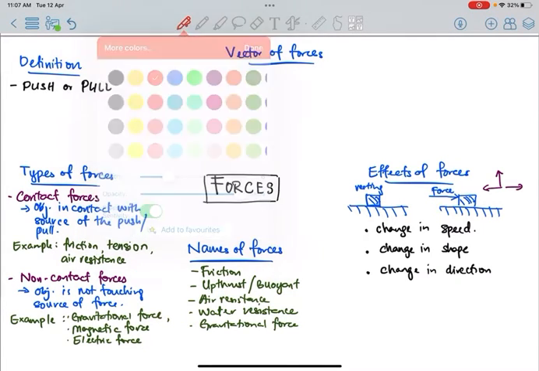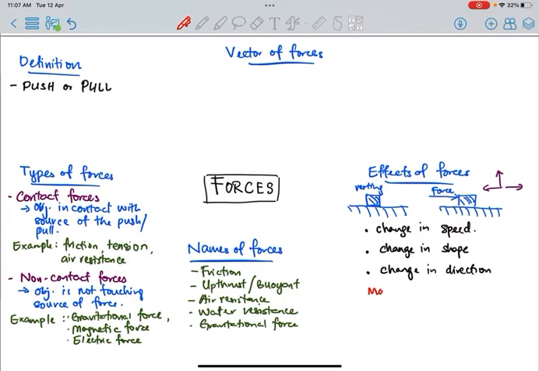Please remember that the mass of the object cannot be changed by any force acting. Mass cannot be changed by a force.